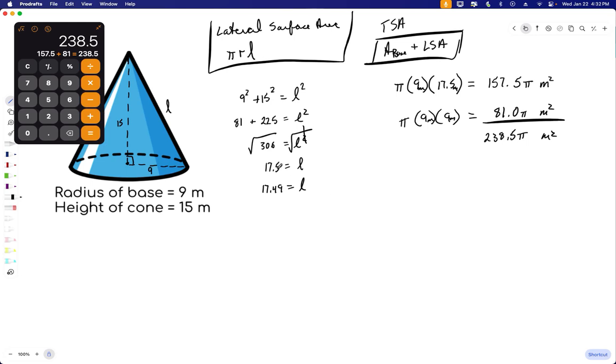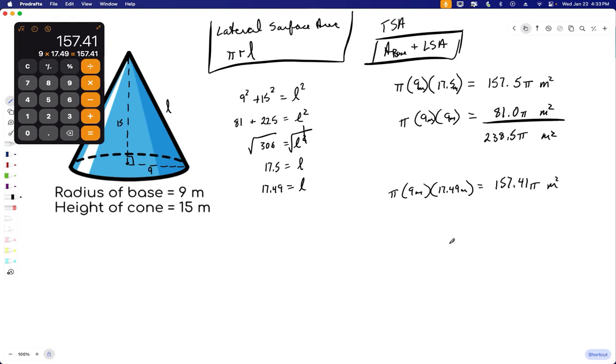Now, if you did not round that to one place, if you rounded it to 2 places like we do in every other problem, I've got that answer in there also. So that would just be pi times 9 meters times 17.49 meters. And that would be 9 times 17.49, 157.41 pi meters squared.